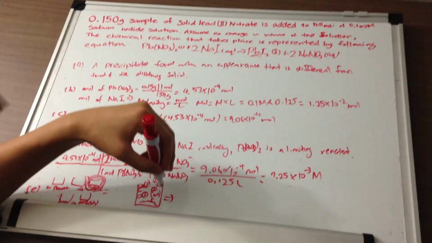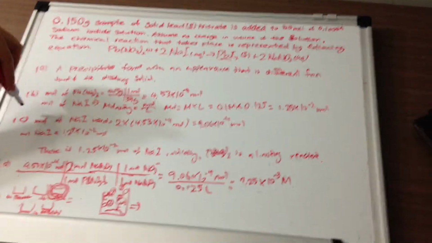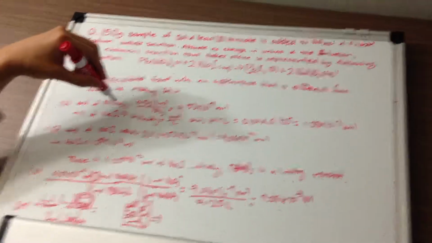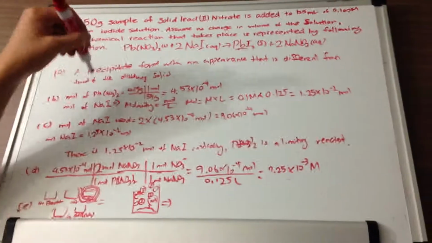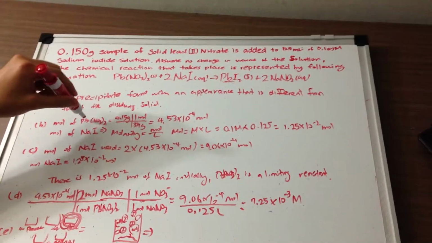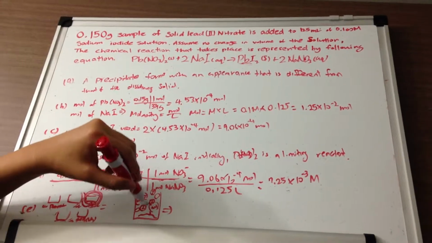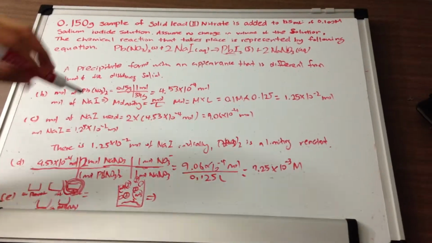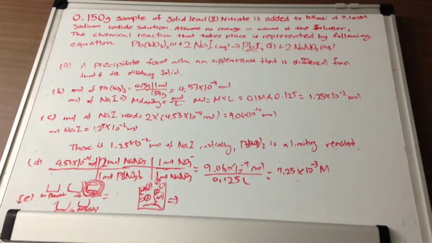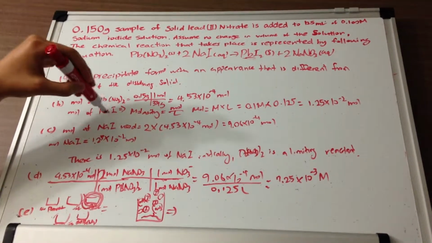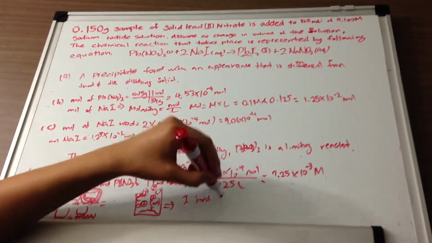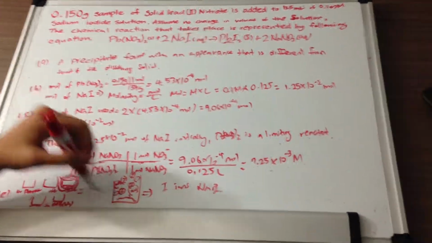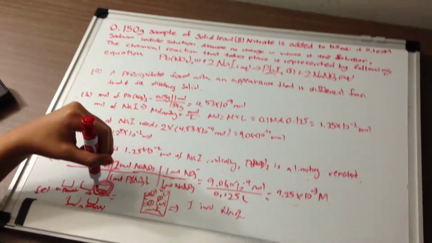And this is the right one because from the previous questions, we found that Pb(NO3)2 was the limiting reactant, so there are going to be no Pb2 plus ions in the beaker, and because NaI is in excess, it's going to have the leftover I minus ions and Na plus ions. So that's why the beaker in the top right corner is the right answer.